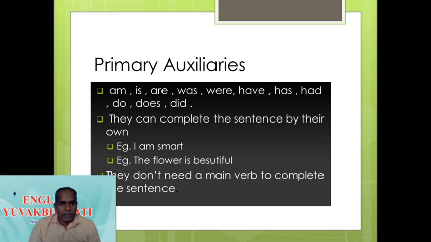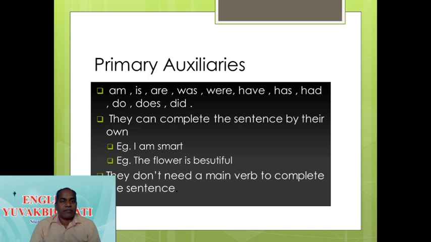The second point is that they can complete the sentence on their own. Why are they called primary auxiliaries? Because they are able to complete the meaning of the sentence.